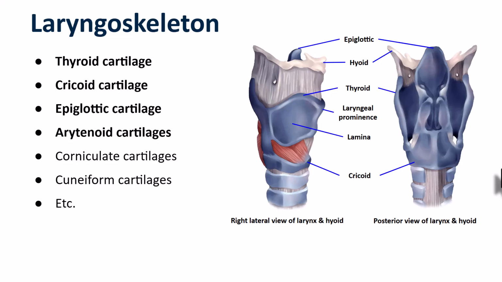But before we can understand any of that, we need to understand the basics of the laryngoskeleton. So there are several major cartilages and several minor cartilages.